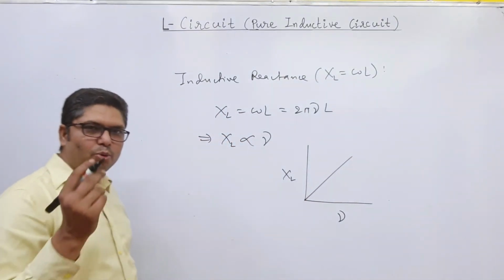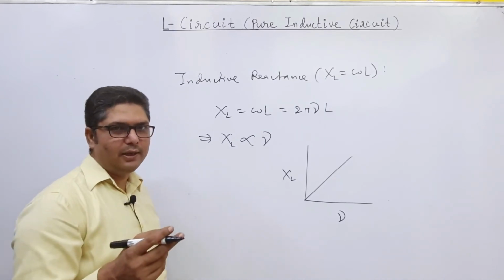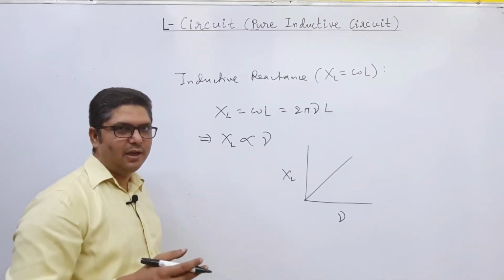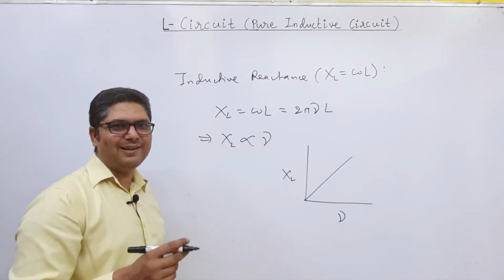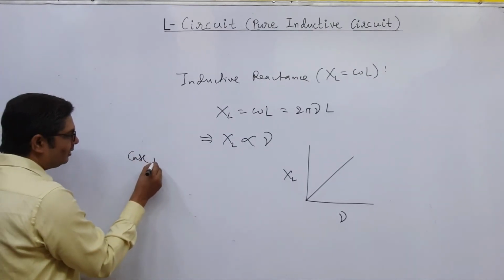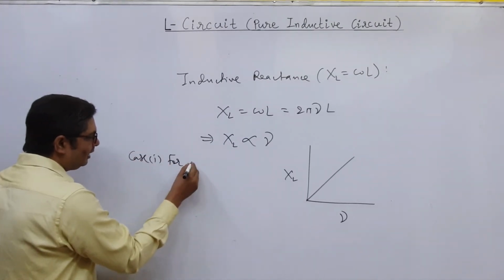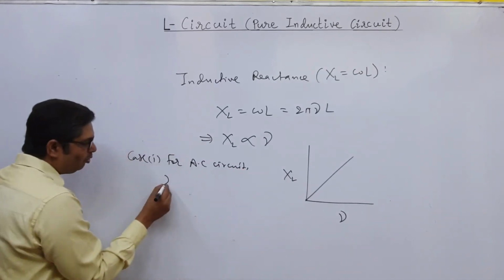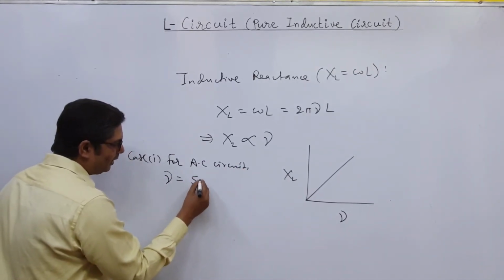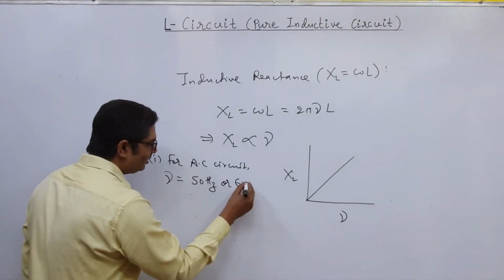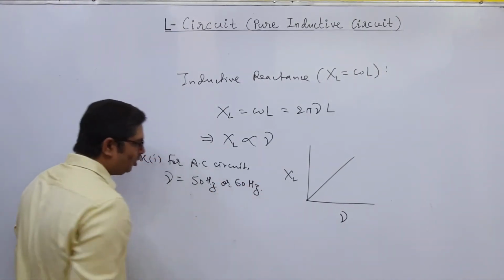Now there are two cases which we must know: what will happen when we take an inductor in an AC circuit and what will happen when we take an inductor in a DC circuit. So case number one, for the AC circuit, frequency nu is 50 Hertz in India and 60 Hertz in USA.